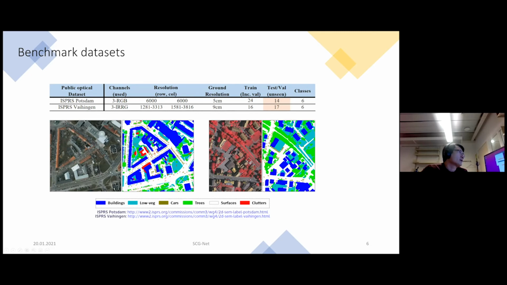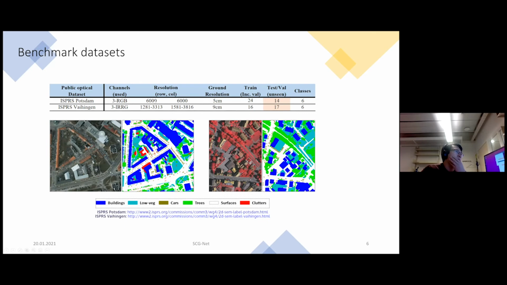Maybe you heard about it. One is the Potsdam dataset, another one is the Vaihingen dataset. Both we use only 3 channels. For the Potsdam, we use RGB, and for the Vaihingen, we use the IRG channels. They have different resolutions.